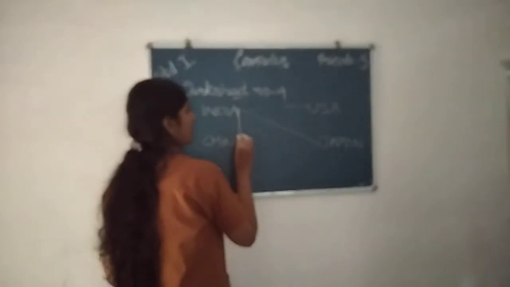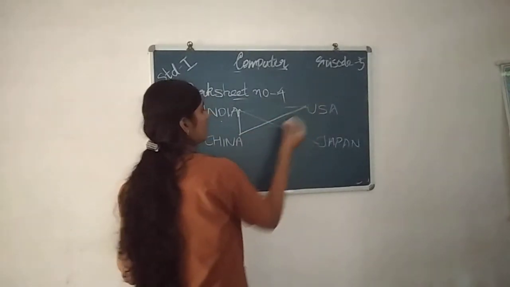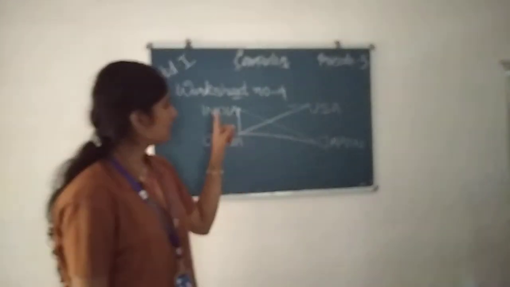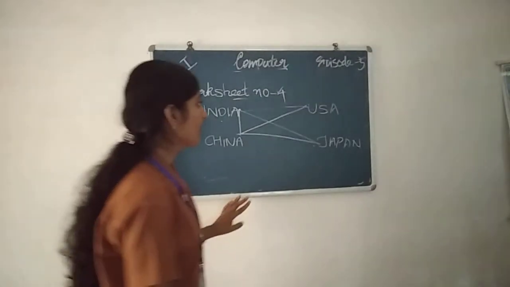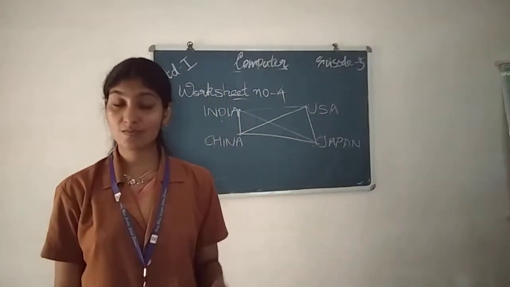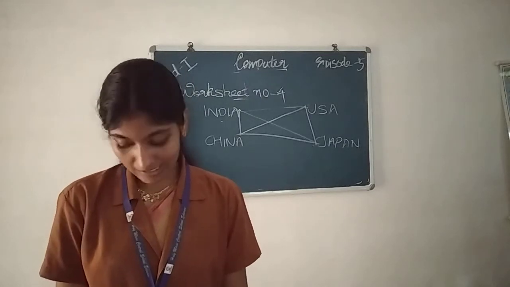Then China to India, it is already connected. Then China to USA and China to Japan. Then Japan to India is already connected. Then last, USA to Japan. That means we can send messages all over the world using email.